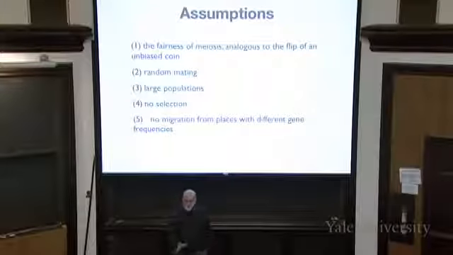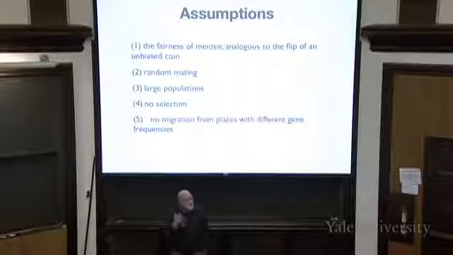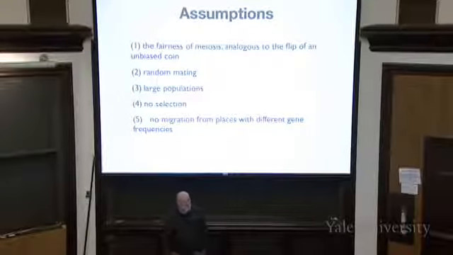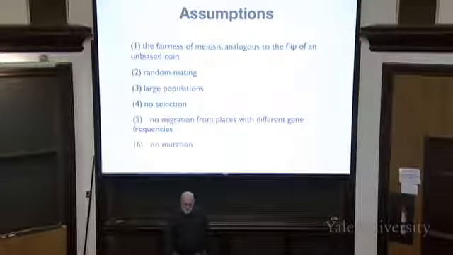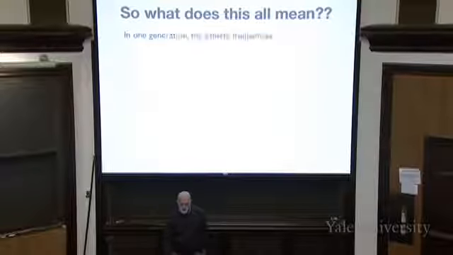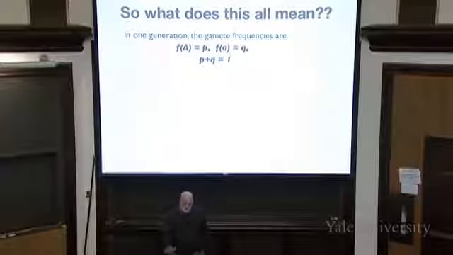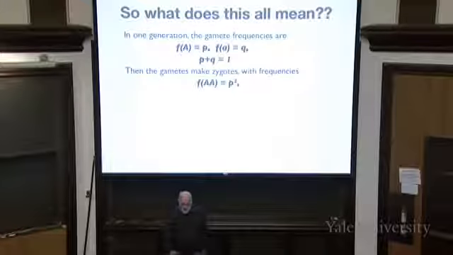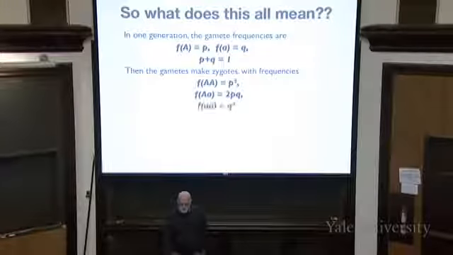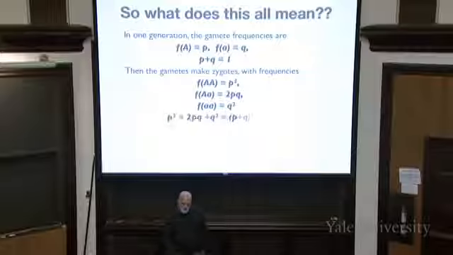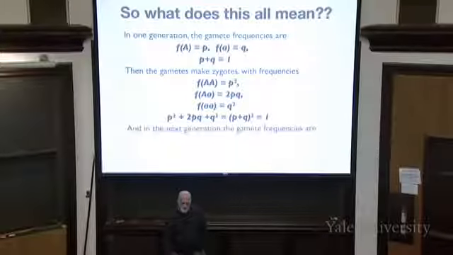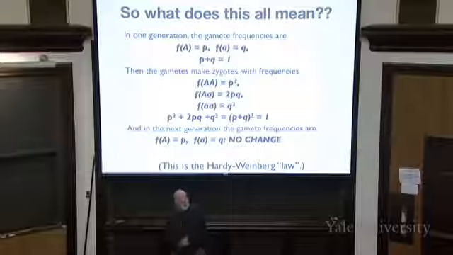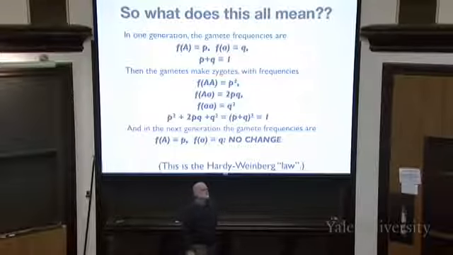It tells us that if these assumptions hold, then in every generation you can expect those proportions of genotypes. No mutation. Well, what does it mean? It means that if you start in one generation with frequencies P and Q, and you go through that kind of mating, you get zygotes with these frequencies, and in the next generation, you get the same gamete frequencies. Nothing changes.